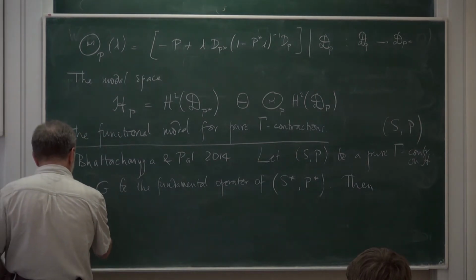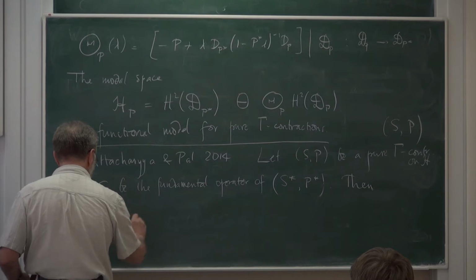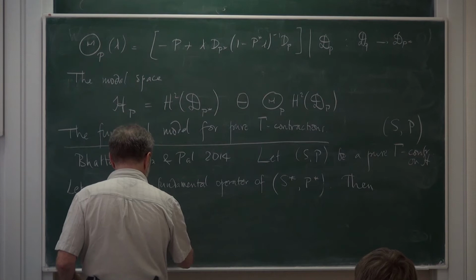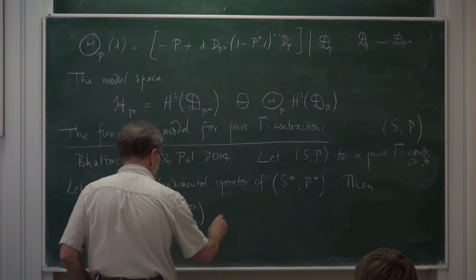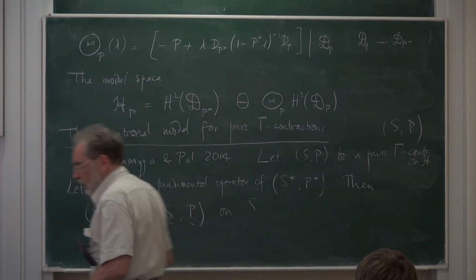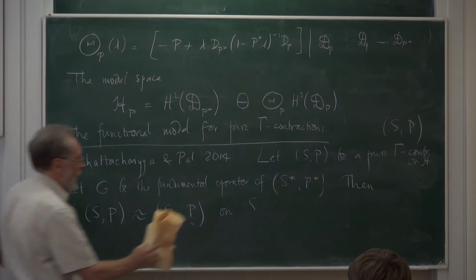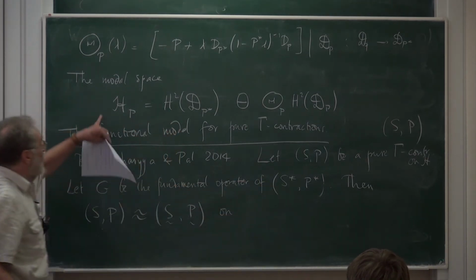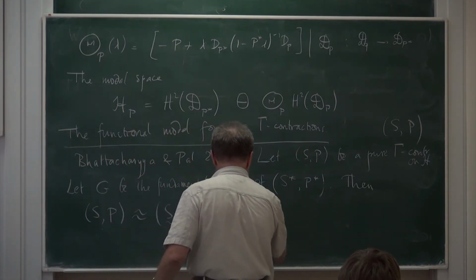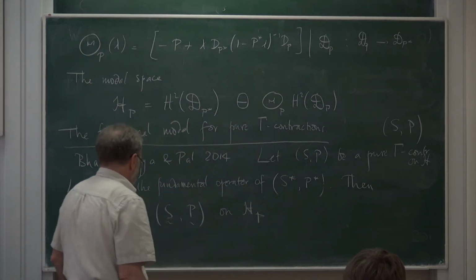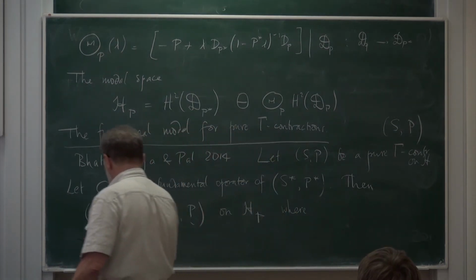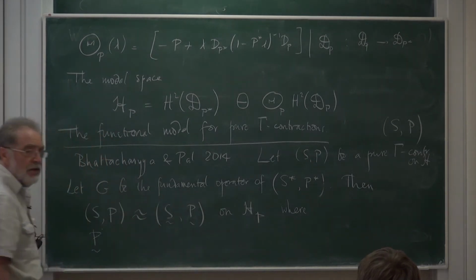Then the model is the following. S, P is unitarily equivalent to S wiggle, P wiggle on the model, the same model space as before, on this space HP up here, where P wiggle is what we've met before.